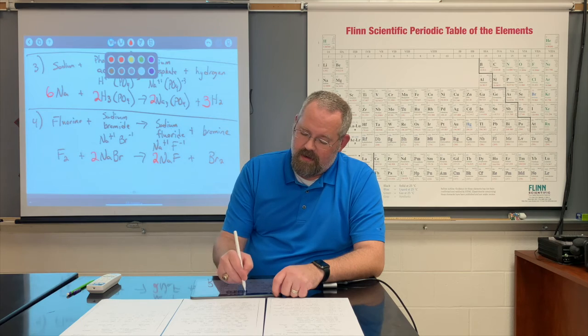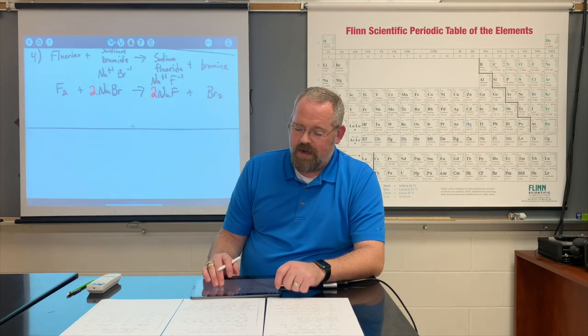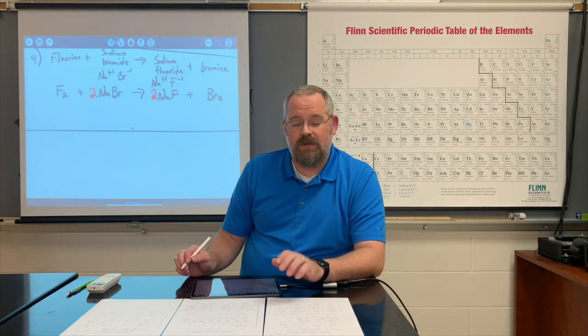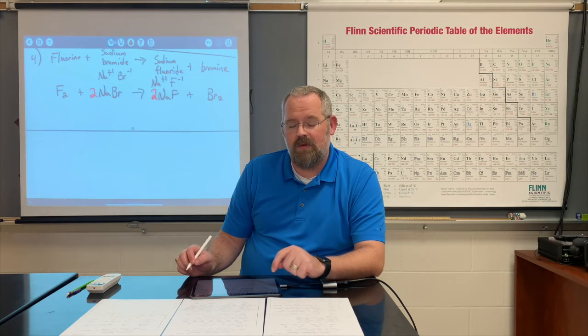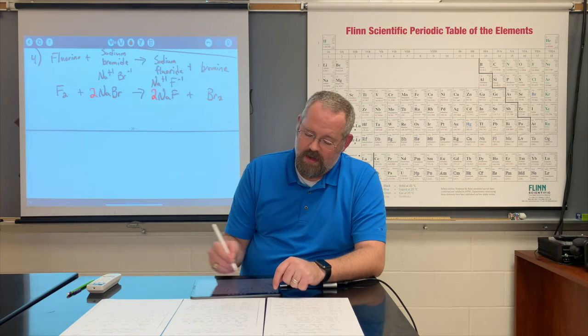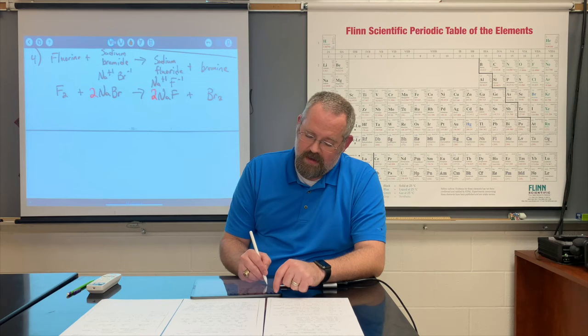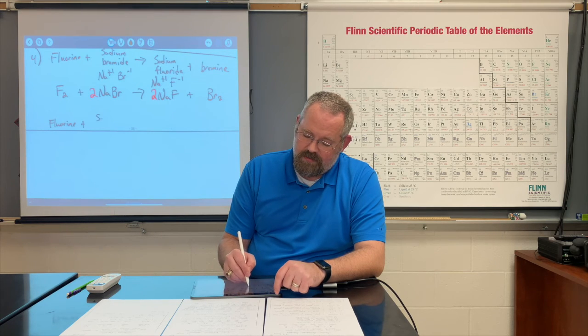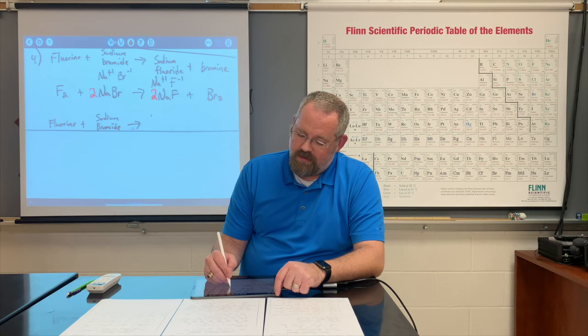Okay, now, like I said, knowing your positives and your negatives is the most important. The biggest mistake that I always see with type 4 here is that people will try to make fluorine plus sodium bromide, and they'll try to make some strange combination of fluorine bromide.